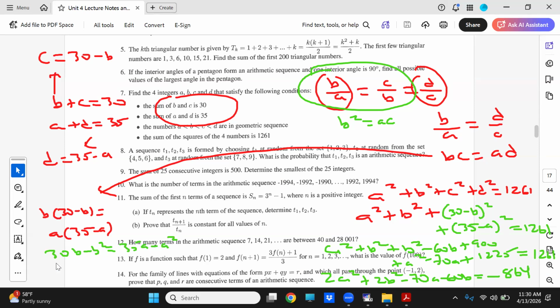If I move things around, A squared minus B squared equals 35A minus 30B.